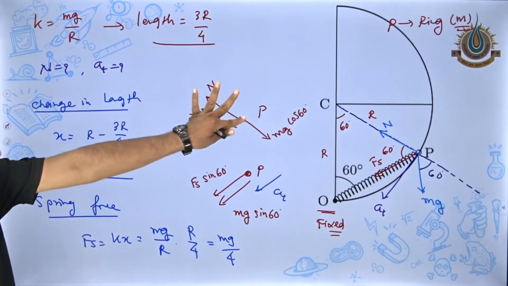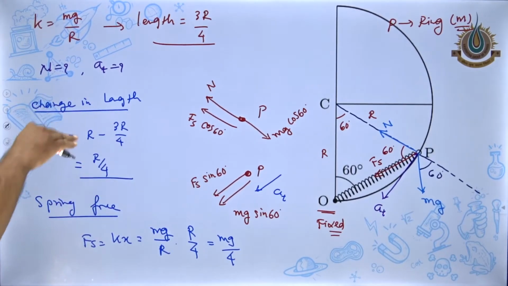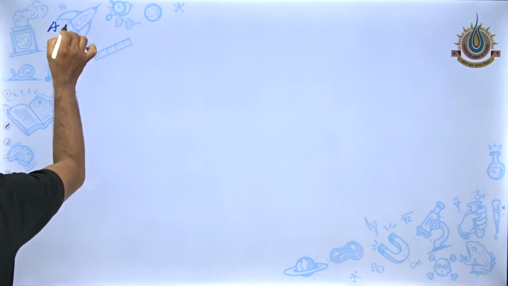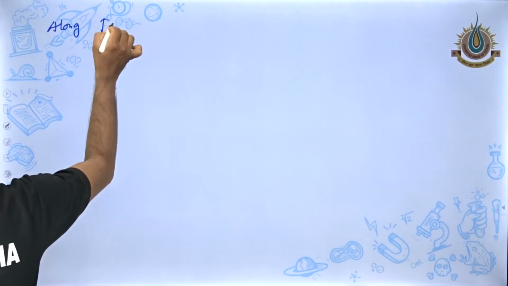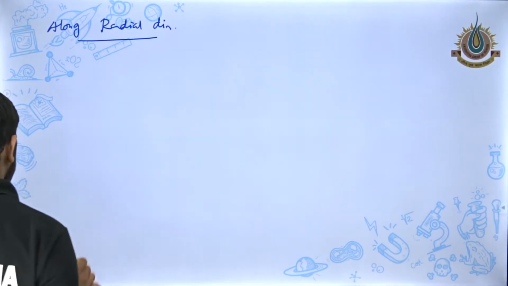You take the balancing of the point P along the radial direction. What do you get? See, along radial direction, what do you get?